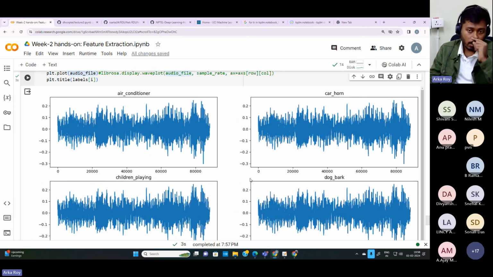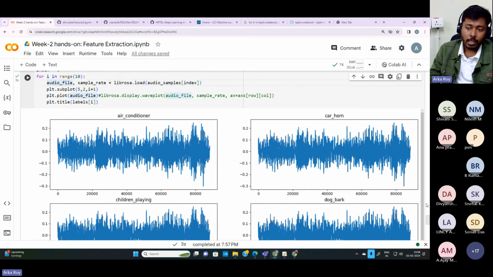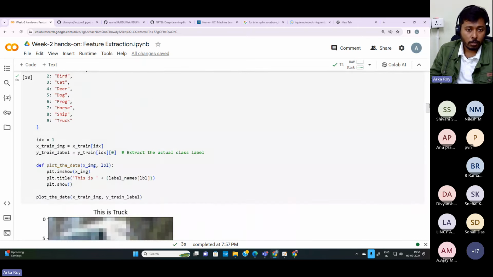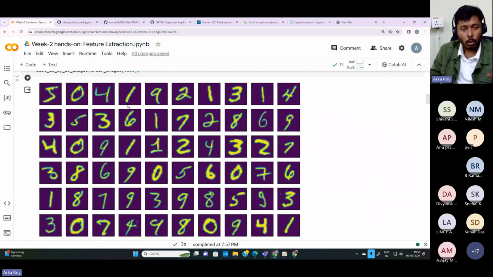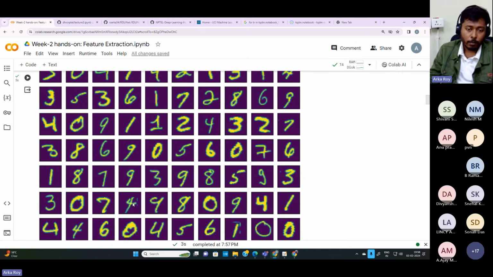My question to you is this: in the MNIST dataset, we saw that for different classes, for example this is 4 and this is also 4, but some people may read it as 9.